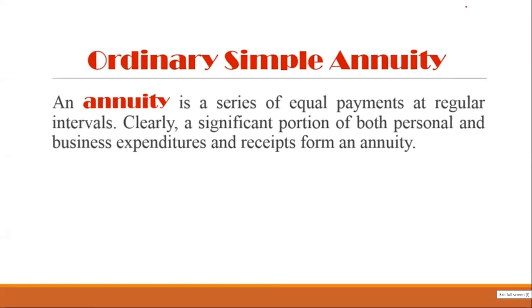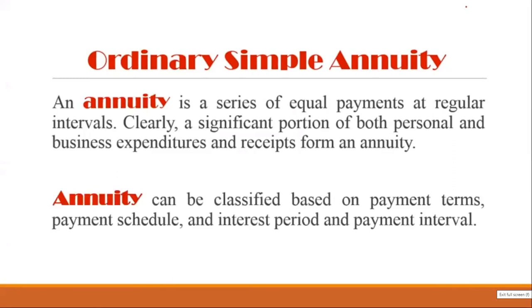Examples are payments of insurances, premiums, leases, mortgages, pensions, personal loans, rent, salary, term loans, and so on. Annuity can be classified based on payment terms, payment schedule, interest payment, and payment interval.